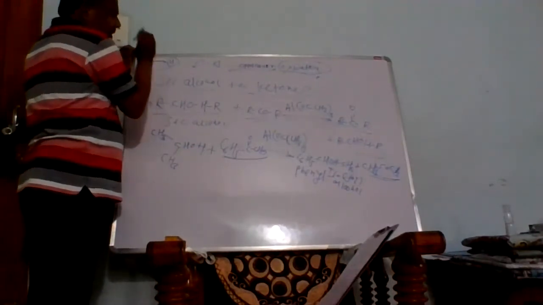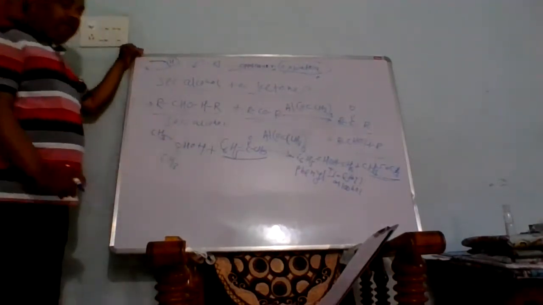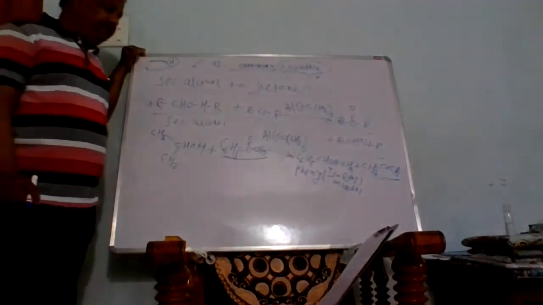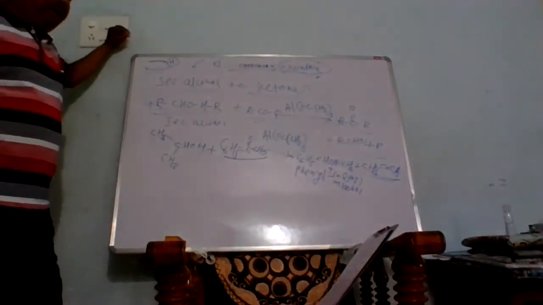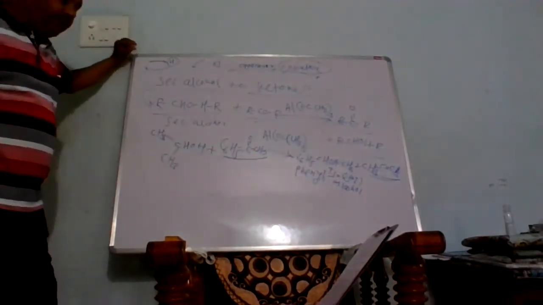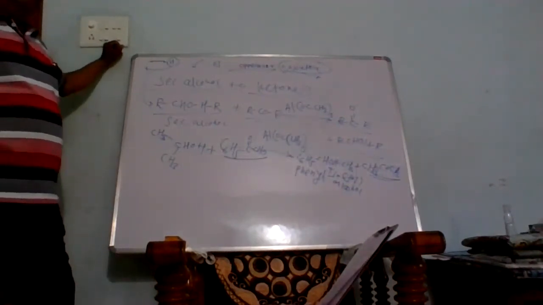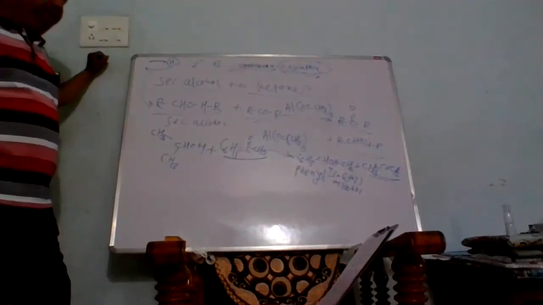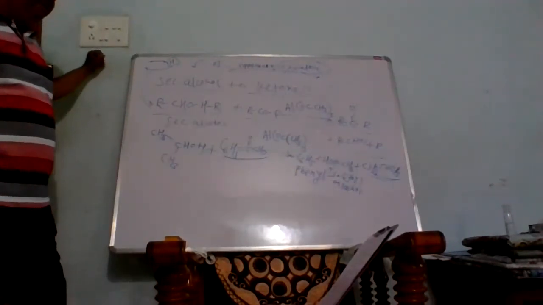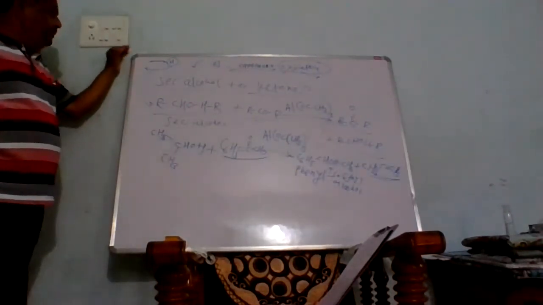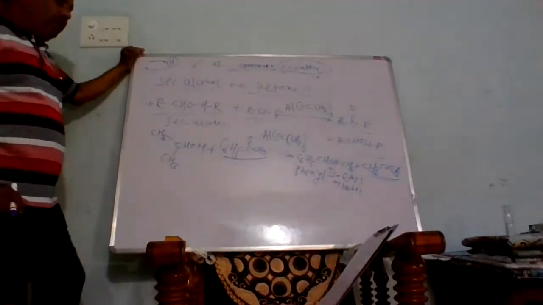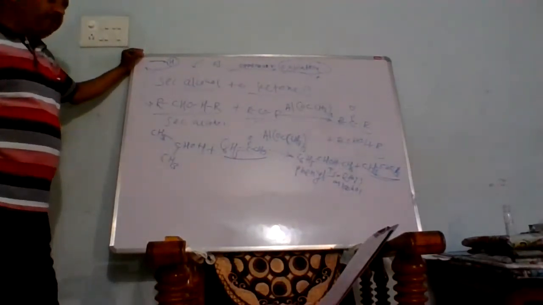Now, the mechanism of this reaction is as follows. Alcohol and aluminum tertiary butoxide react to give an aluminum alkoxide of the secondary alcohol, an intermediate product.